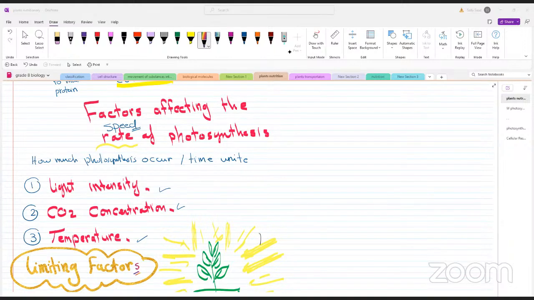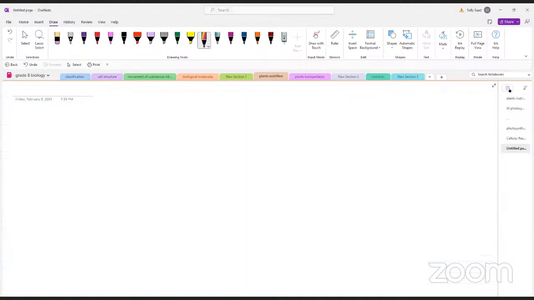What does it mean? It means, for example, if I have a plant here. This is a plant, let's say it's an aquatic plant.